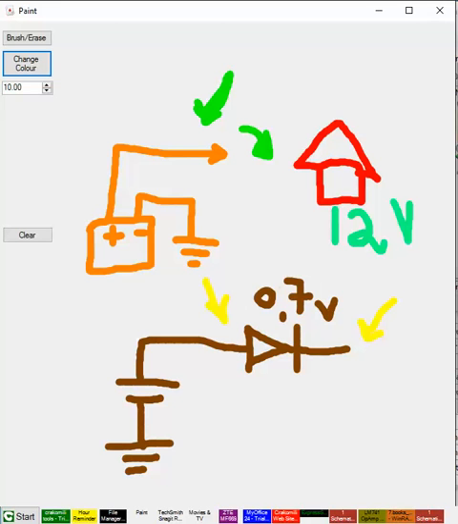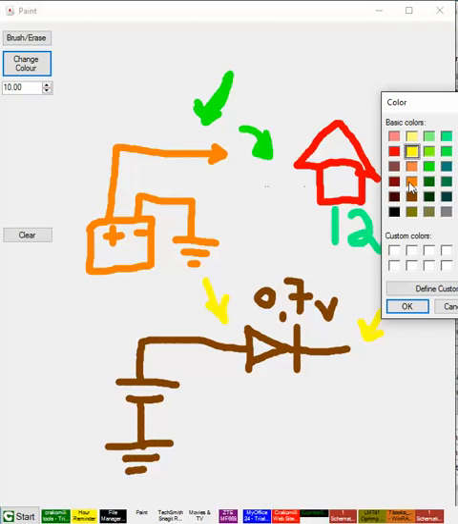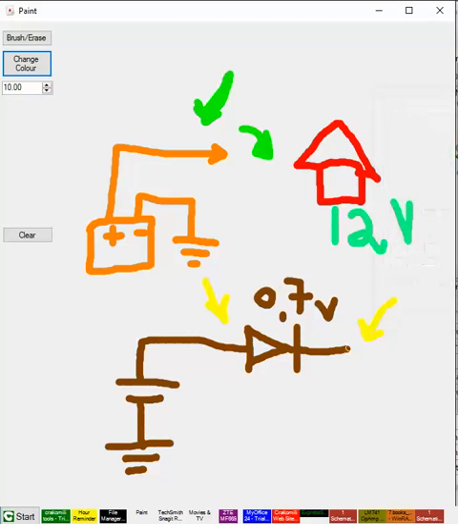Now, the home will connect, what was the color? I think this one. And the home will connect here. So what happens over here is that this battery is 12 volt, and here is also 12 volt.